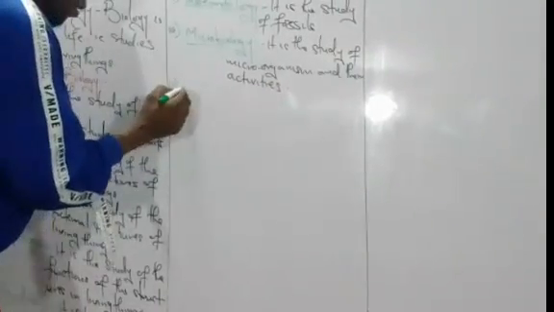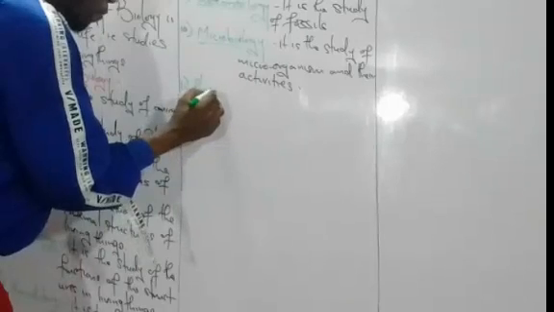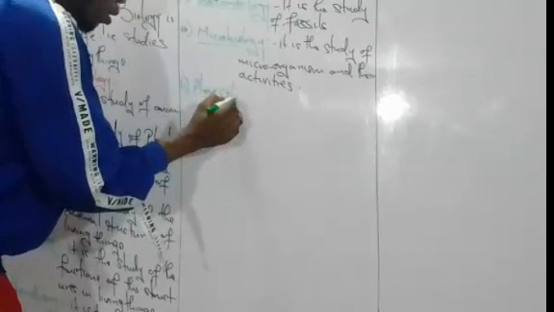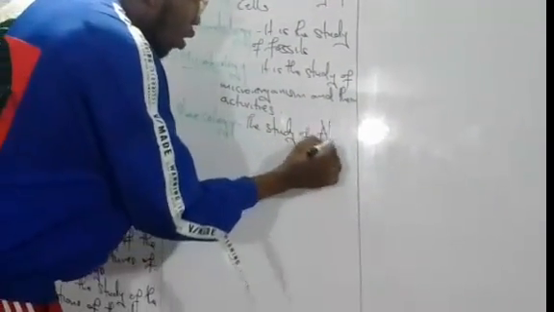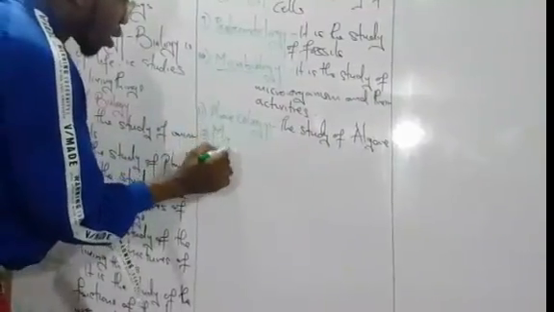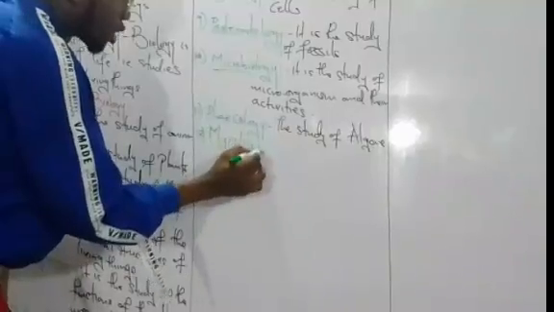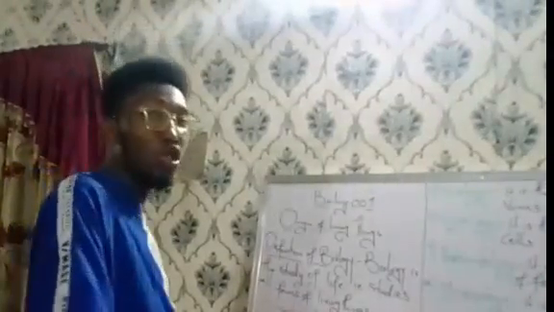Then we look at number 11, phycology. Phycology is the study of algae. And the study of fungi is referred to as mycology. That's why in most drugs, like streptomycin, the "myc" is telling you that the drug has something to do with fungi.